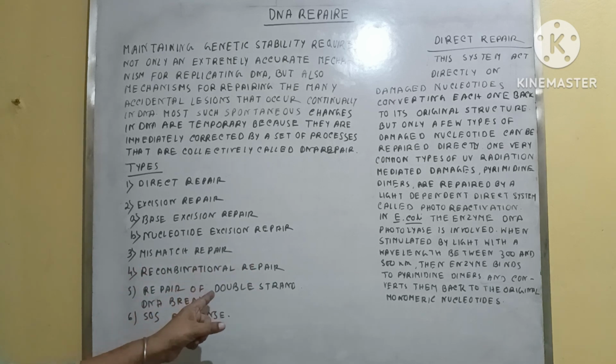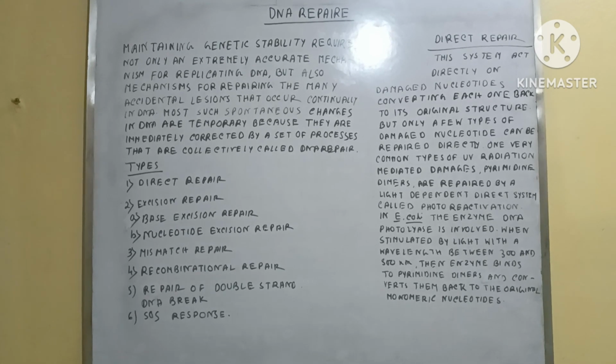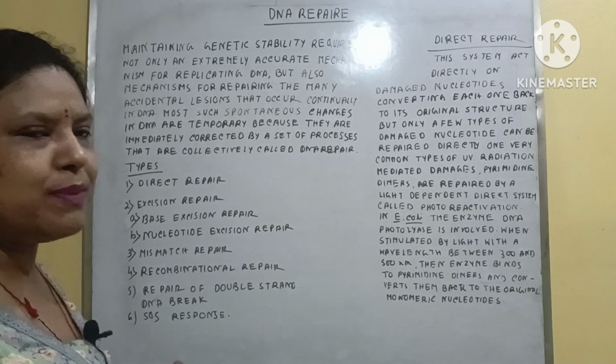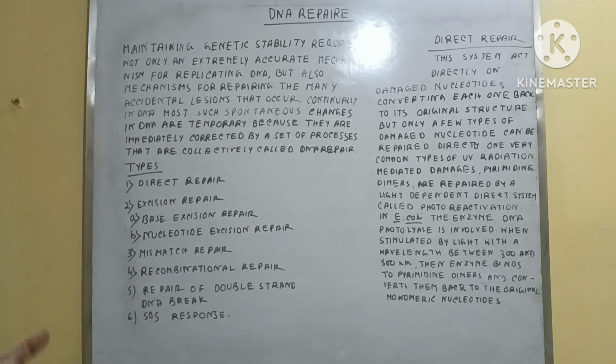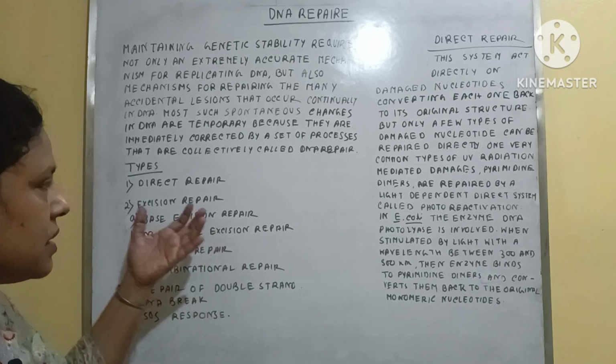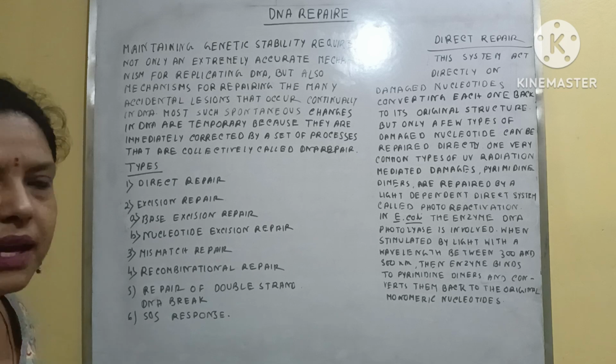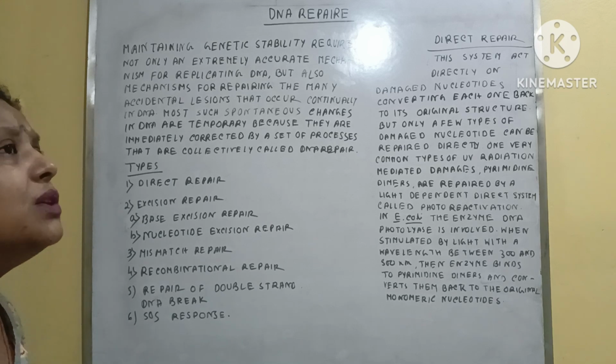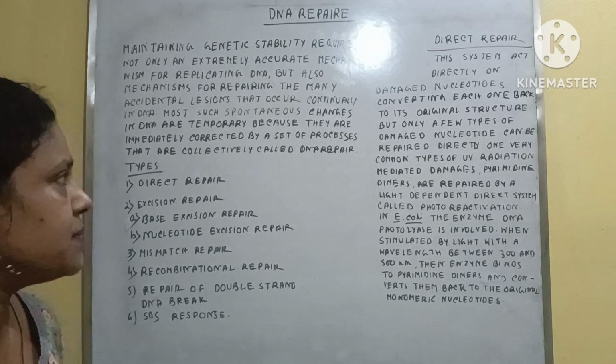The fifth one is the repair of double strand DNA breaks, and the sixth one is the SOS response. Clear? So these are the different types related to DNA repair. I will try to explain these different repairing mechanisms of DNA that generally occur continually in the replication process, or you can say the DNA formation process.